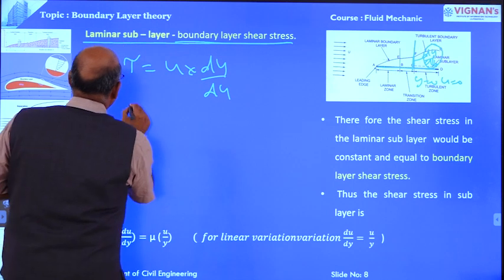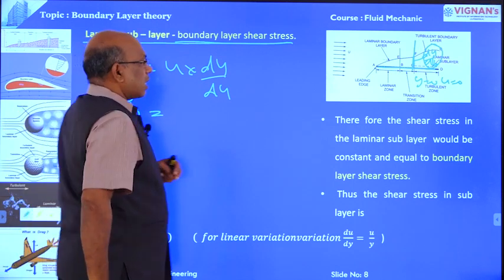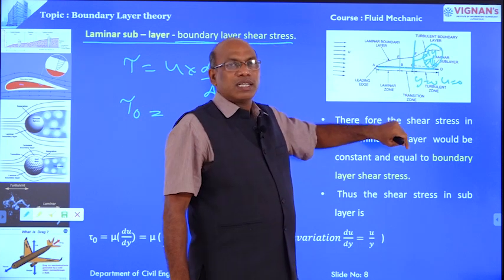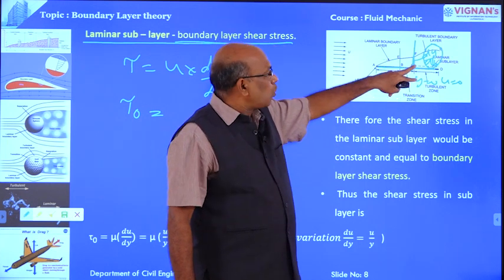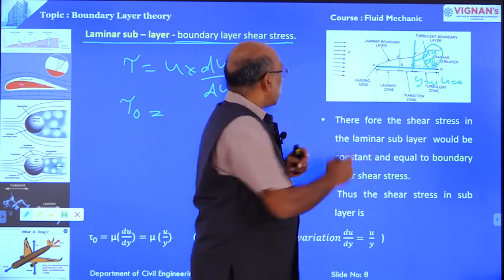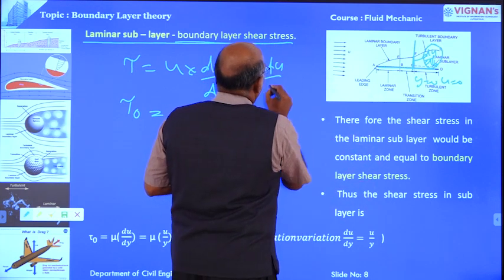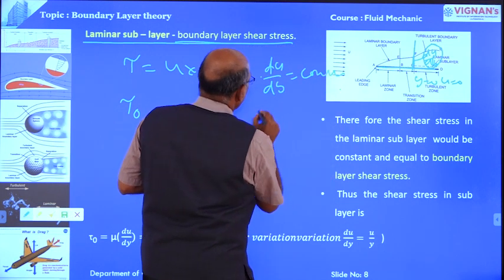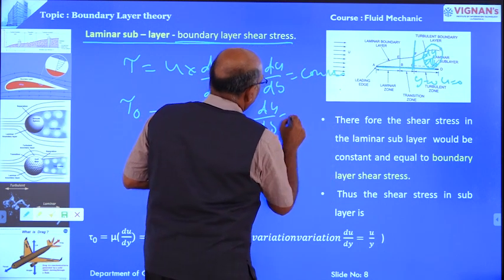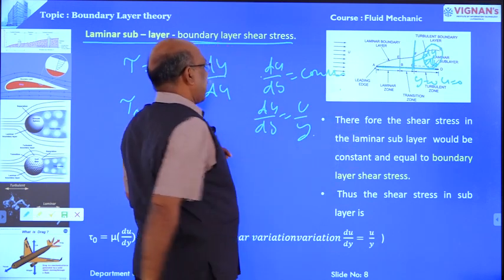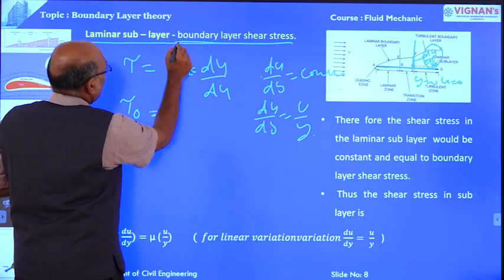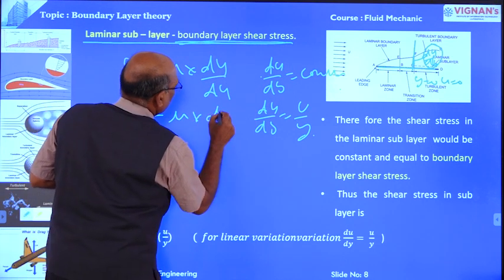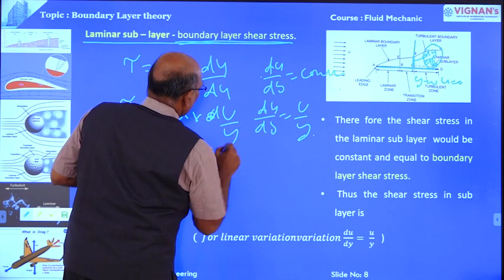Since the velocity variation in the laminar sublayer is linear, du by dy is constant, therefore du by dy is equal to u by y. Therefore, boundary layer shear stress tau 0 is equal to mu into u by y.